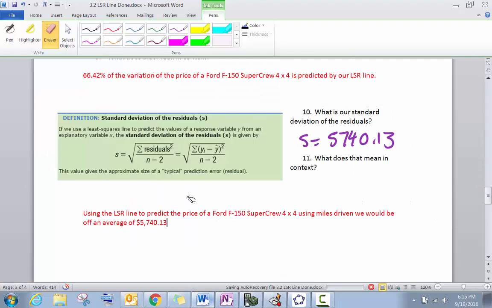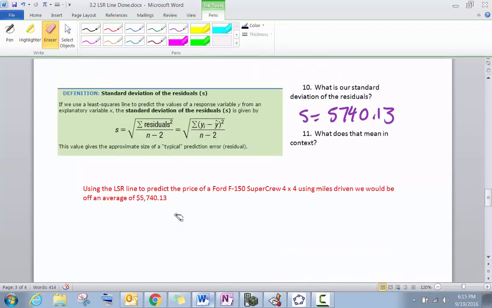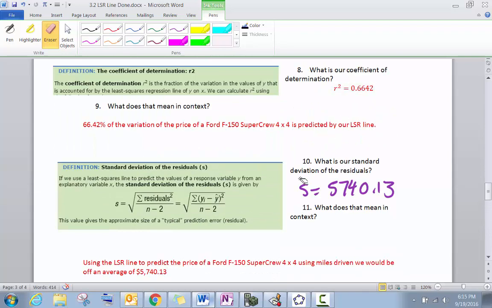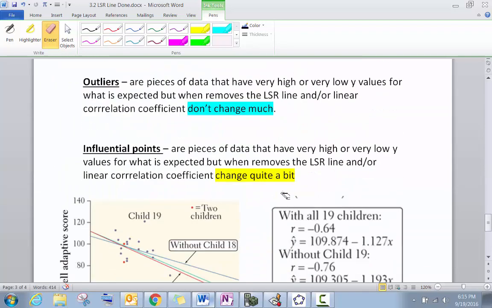That is the average price that we're off, or the average Y value that we're off. So using the least squares regression line to predict the price of this truck, using miles driven, we would be off an average of $5,740.13 per time. So on average, we're $5,000, almost $6,000 off. So again, it's another thing with R squared that kind of tells us how far off we are.